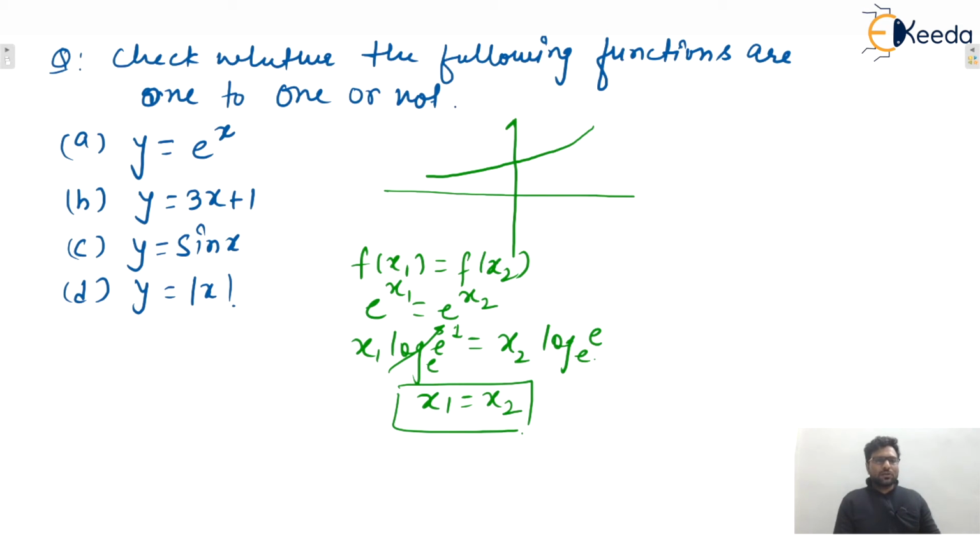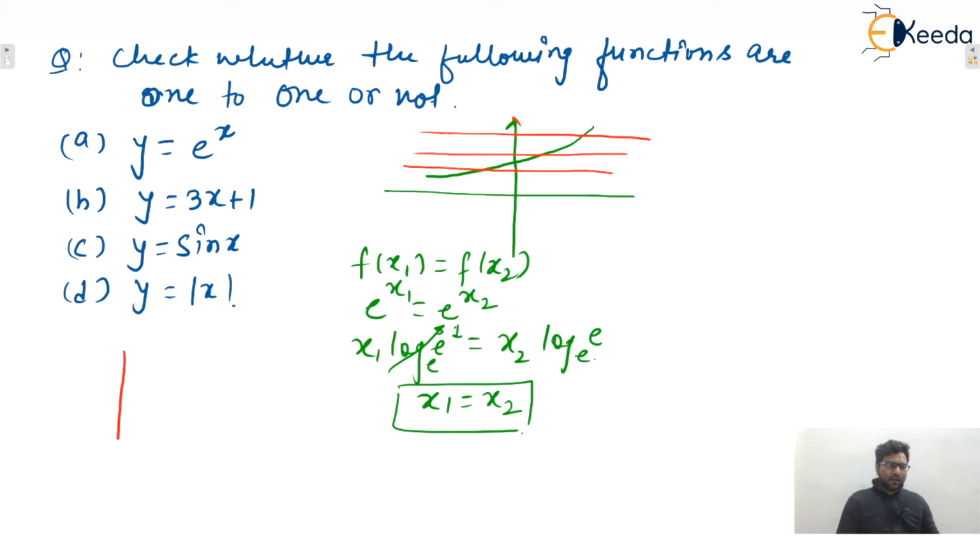So what is the procedure? Draw the graph, and then draw horizontal straight lines, isn't it? If these straight lines intersect the graph at only one point, a unique point, then that is a one to one function, isn't it? Similarly, you can go for y equals 3x plus 1.